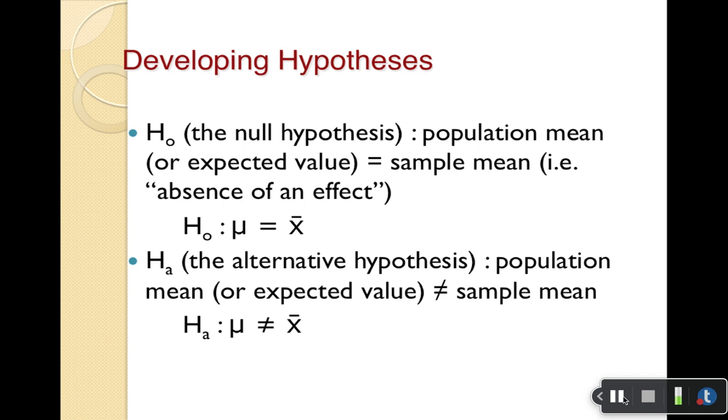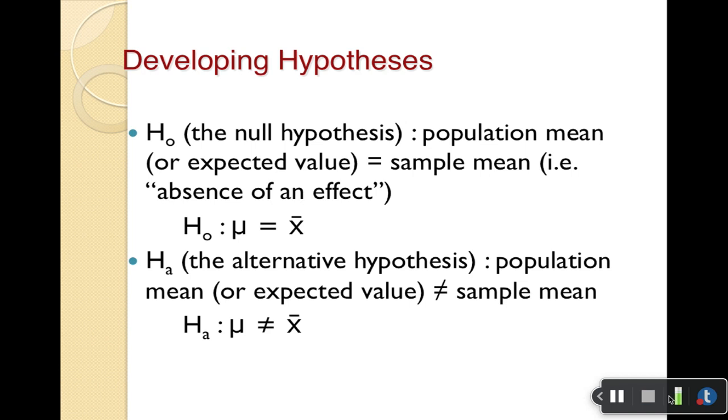When we develop hypotheses, there are 2 hypotheses that we want to consider. And just a fair warning, the language in this section gets a little dicey because it's very abnormal. Normal people don't talk this way, but the language that we use around hypothesis testing has to be really specific. So the first one we have here is H sub 0, and that symbol stands for the null hypothesis.